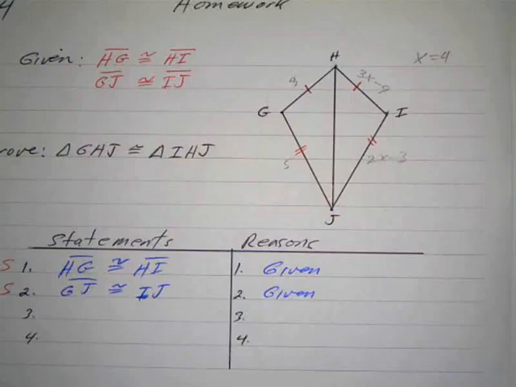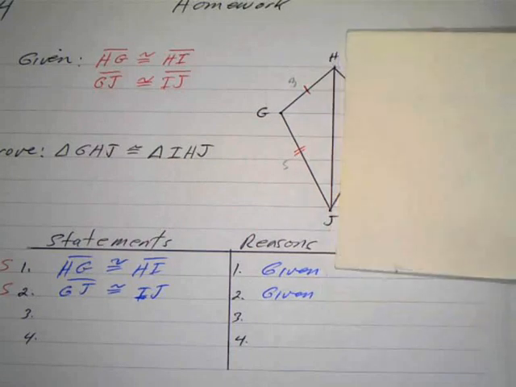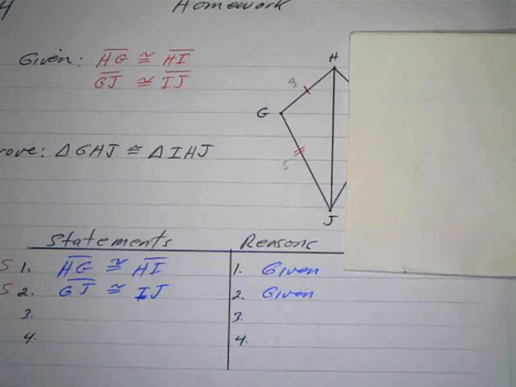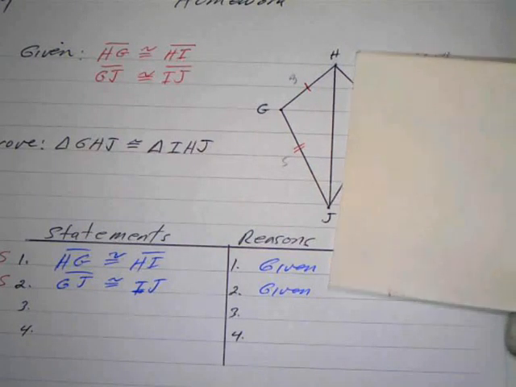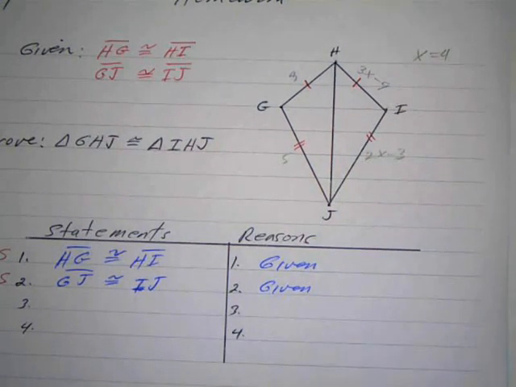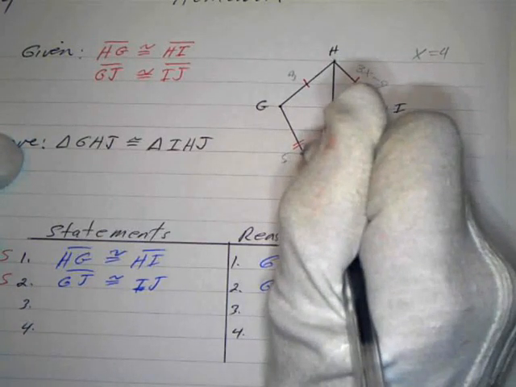If we look at these, we've got two triangles, but if you look at this triangle, GHJ, and the other triangle, IHJ, HJ is in both, so that's our common side. So we can just say it's congruent to itself by the reflexive property.